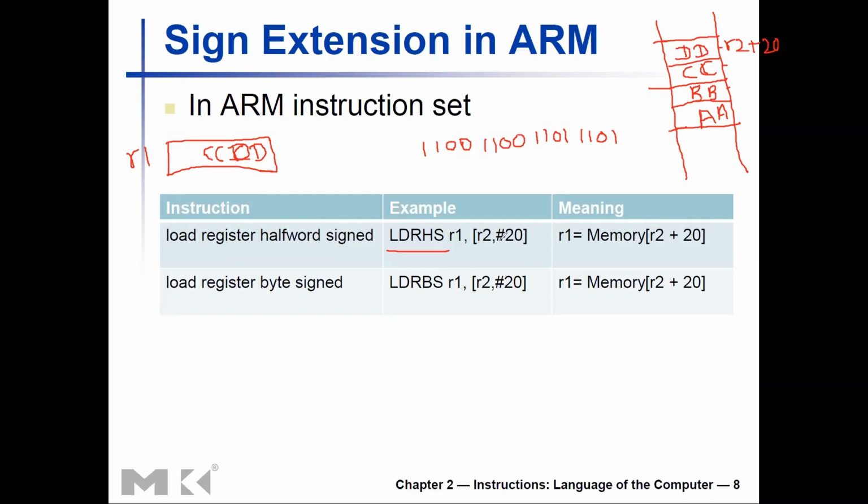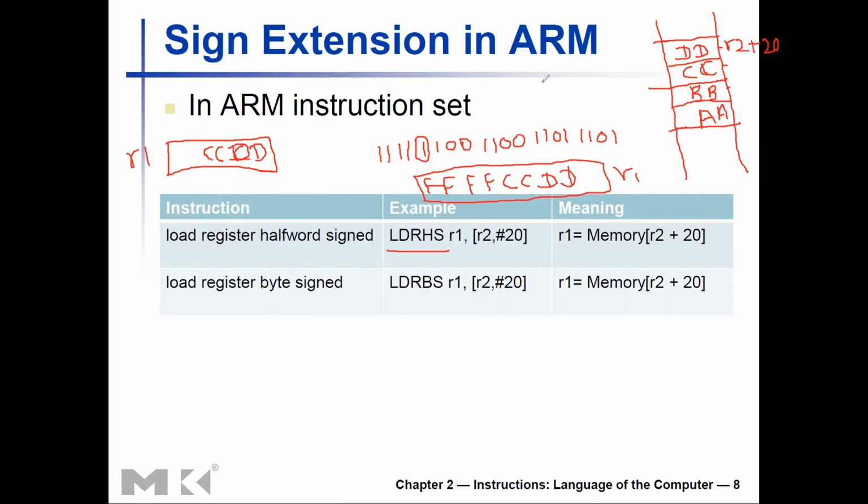Now you have to extend the sign when you are loading it to the register using this particular instruction. So you get the most significant bit of this CCDD number and you replicate it how many times? 16 times. Now it's going to be all ones, 16 bits. And if you represent it using hexadecimal, it's going to look like this: D D C C, and here you will have F F F F. So this is essentially the content in R1 now.